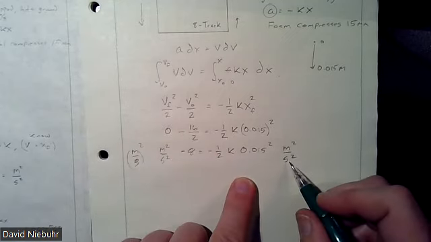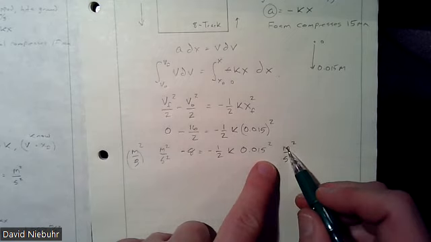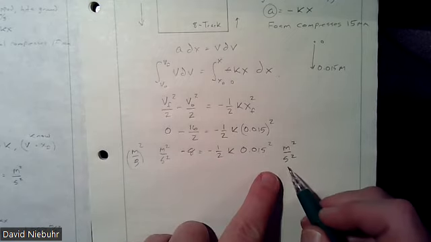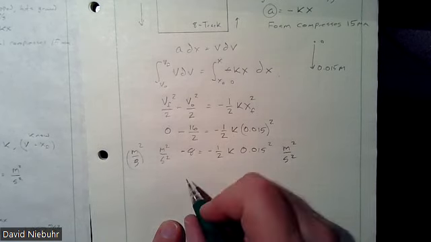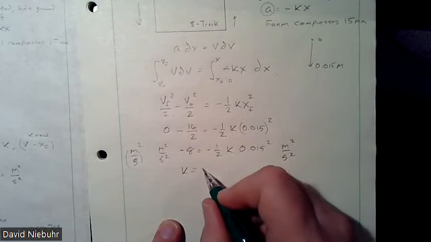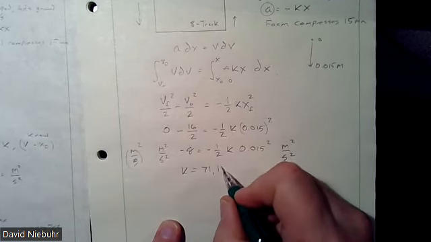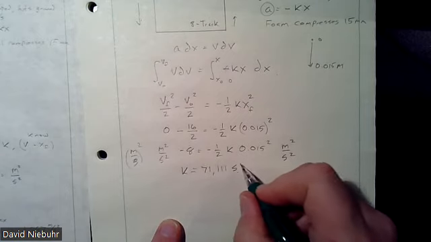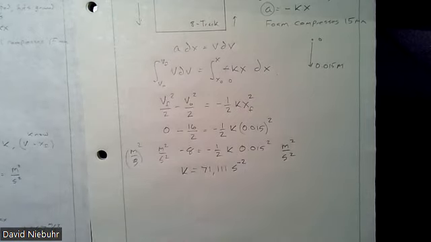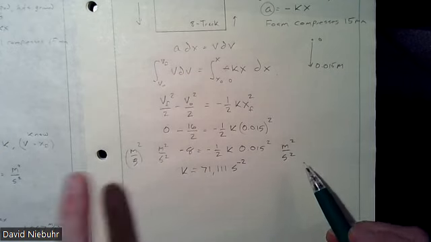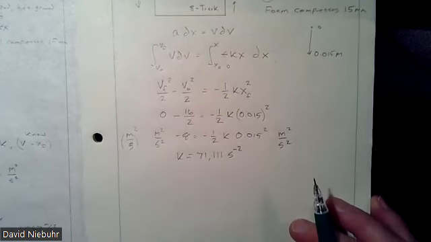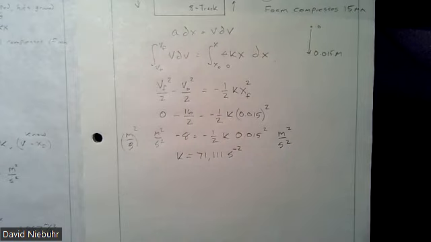Over here, you have the distance squared, that's your meters, and your k below. So your k ends up being 71,111 s to the minus 2. So that's the unit on s, so that the units are consistent. Now, I know we don't talk a lot about units. We kind of assume they're going to work out, but it is good to keep track of them on certain problems so that you understand where they're going, especially on something like this.